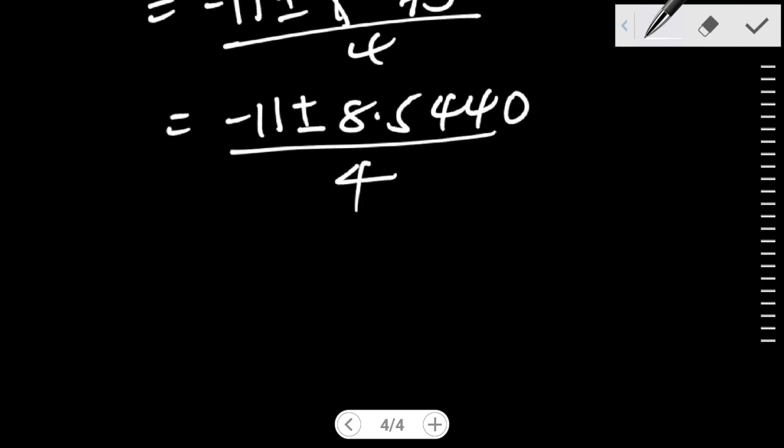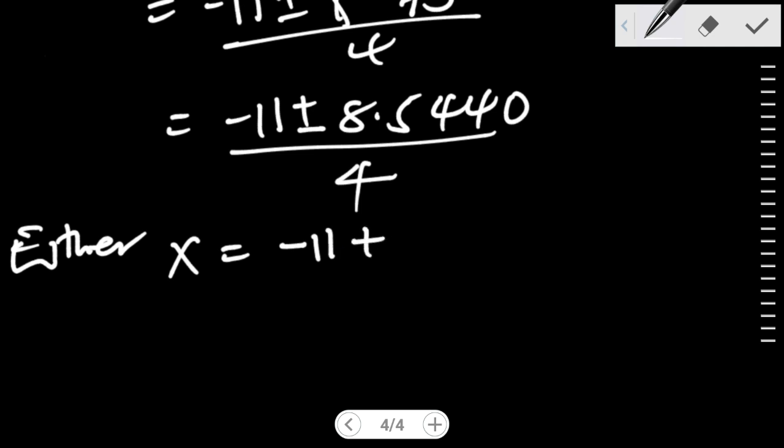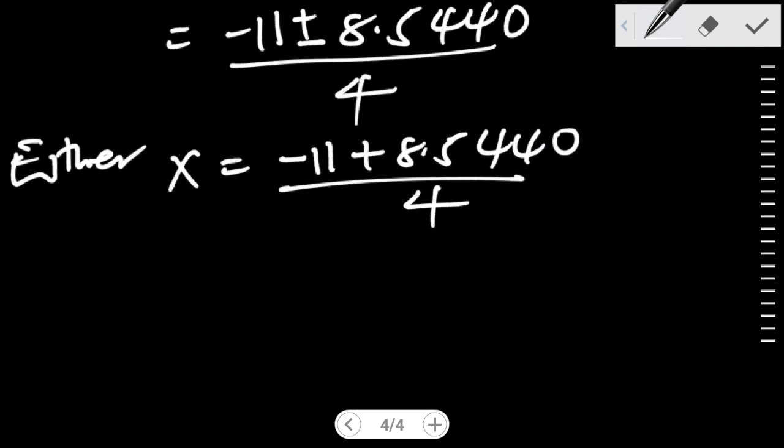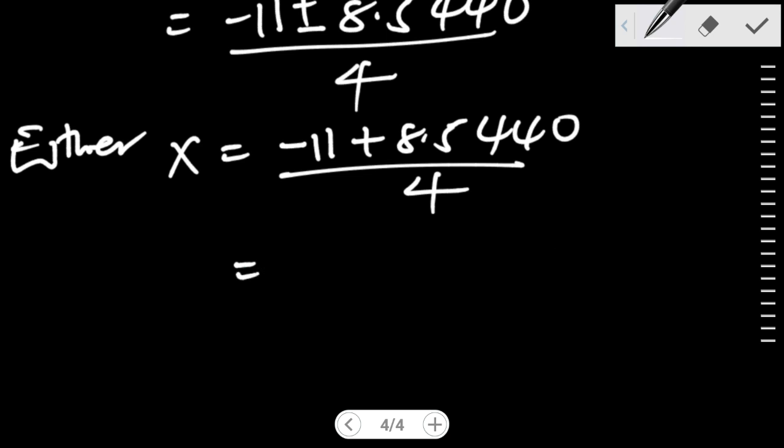So out of that, for the first value of x, either x would be equal to negative 11 plus 8.544 divided by 4.